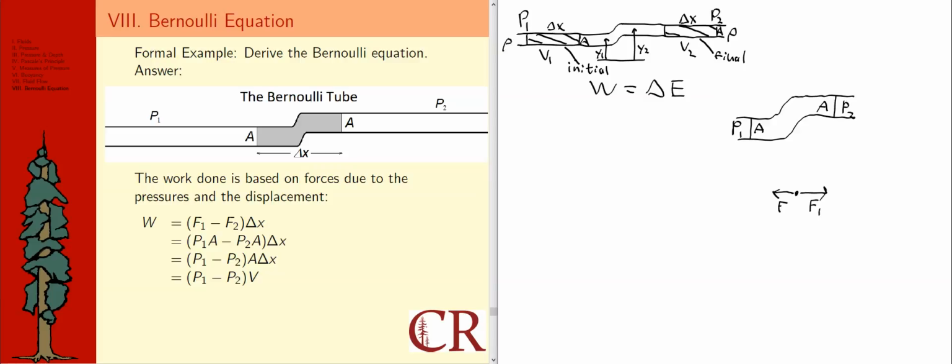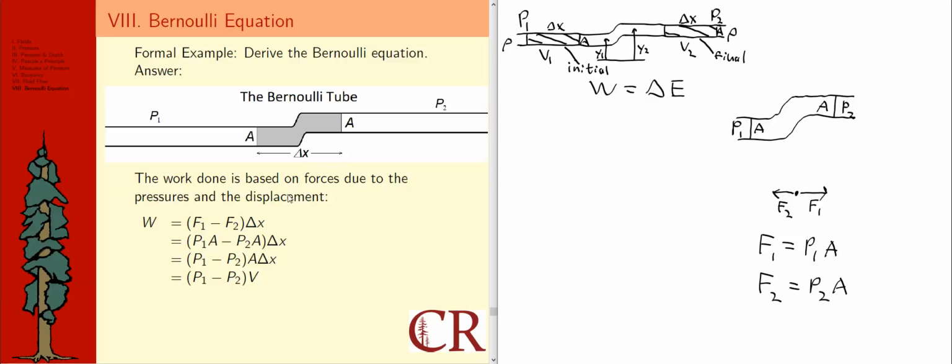So that's going to point to the left, so with a force F2. And F1 is going to be equal to P1 times A, pressure times area. Force is pressure times area. And F2 in turn is going to be P2 times A.